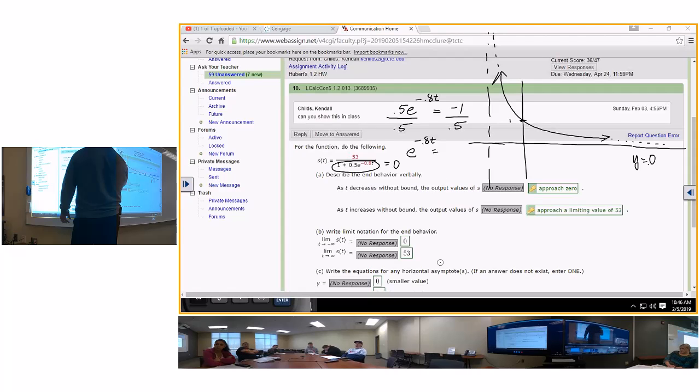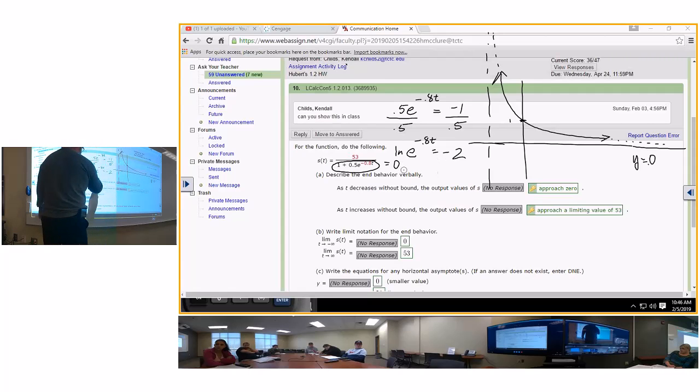What's 1 divided by 0.5? Somebody give me that. 2. I'm sorry. Okay. So now you take the natural log of both sides, and that's going to be log base e of e to the 0.8t is equal to the natural log of negative 2, and that's going to give you 0.8t is equal.